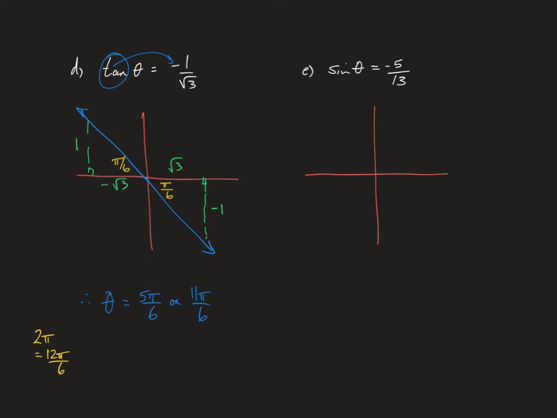So we take a look at E, and you now have the sine being -5/13. Well, we can start off this problem exactly the same as we always have. My sine is negative. Sine is opposite, so if the opposite is negative, then I must be going down.